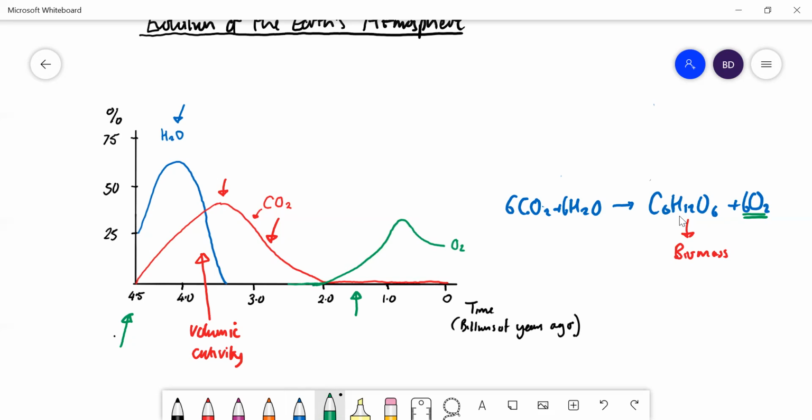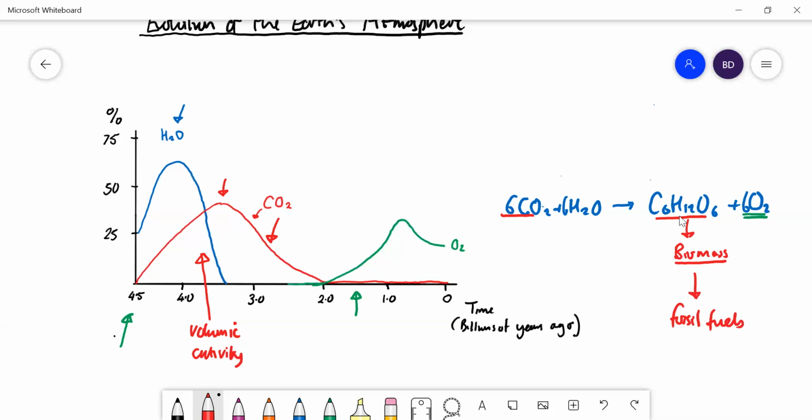Right, let's have a little think about biomass. We get carbon dioxide being taken in by photosynthesis, turned into glucose, and then converted into biomass. That may then go on to form fossil fuels, oil and gas and coal.